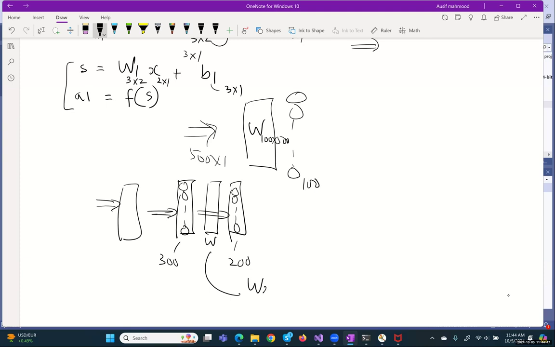What was it? 200 by 300. Yeah, so whatever is on the output side, then the input side. Then, like I said, our math becomes a lot easier.